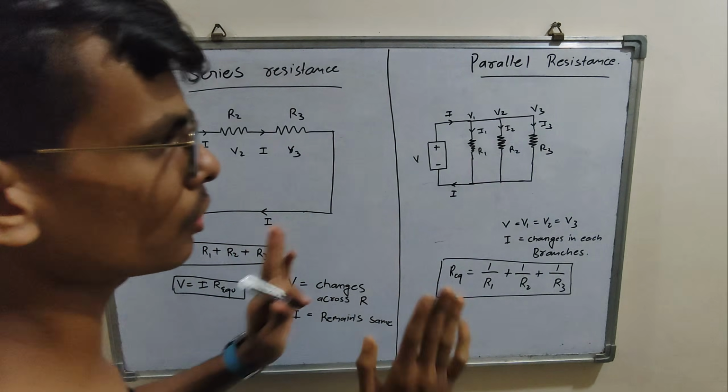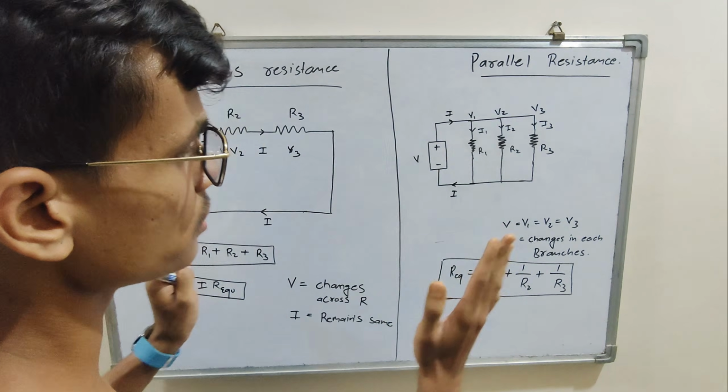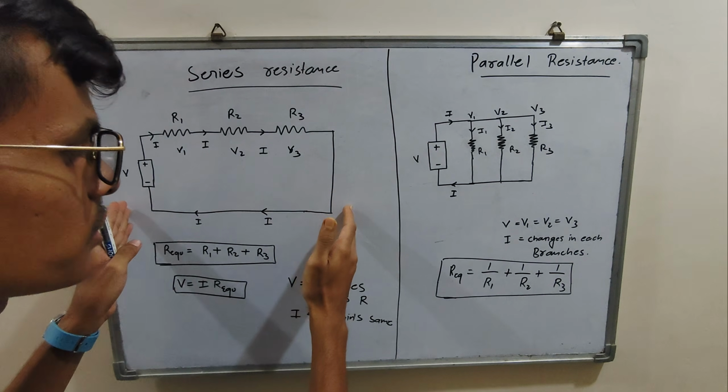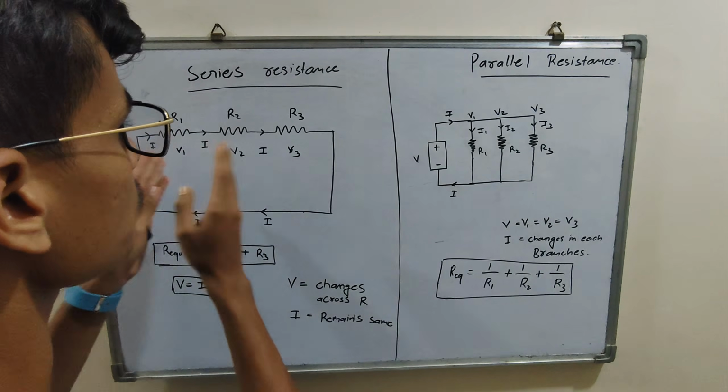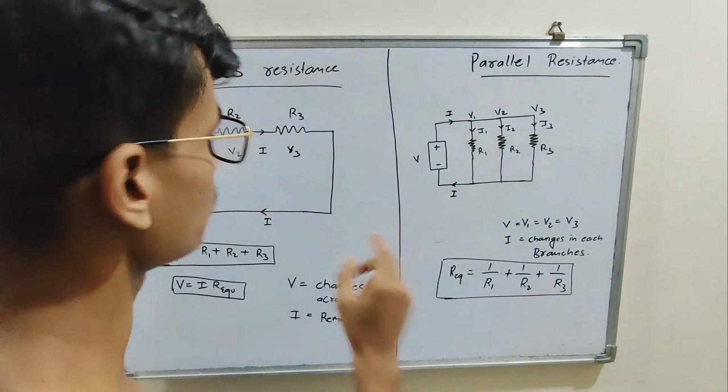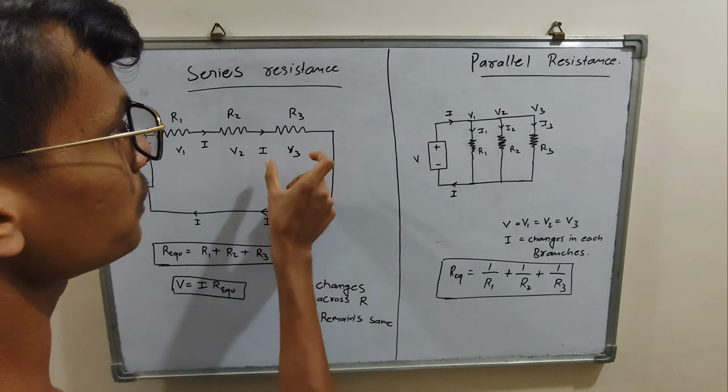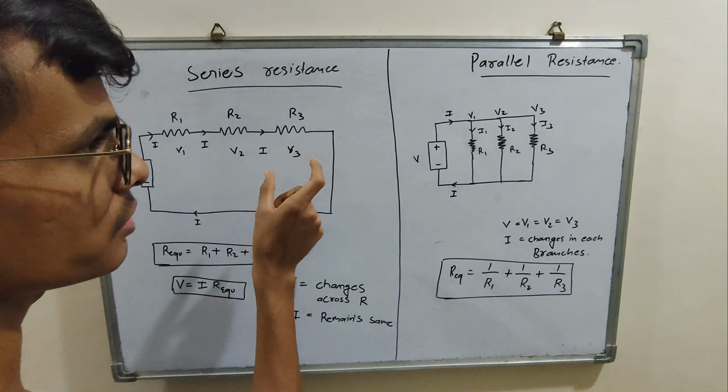The basic difference in both of these circuits is that in a series combination, the voltage across each of these resistors would be different, and different values of voltage would be found between all of these resistors.